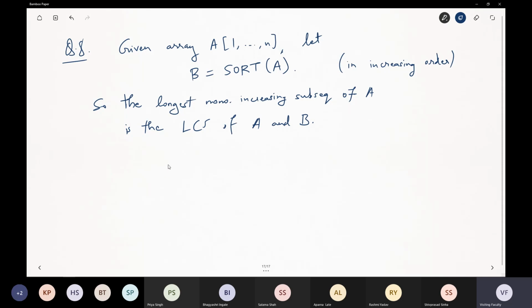So you bring out your usual LCS algorithm, and the output is just LCS(A, B). Nothing else. Elements in B are already arranged in increasing order, and elements in A are as they are. The longest possible monotonic increasing subsequence will also be increasing in B, so it's a common subsequence of both A and B. So you're just looking at the longest common subsequence of A and B. That will be the longest monotonic increasing subsequence of A.